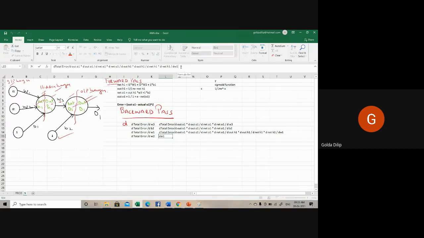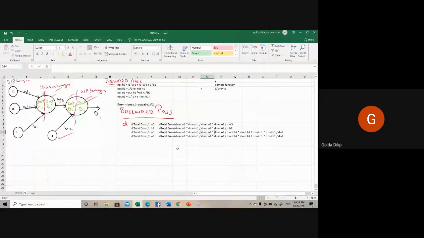Total error with respect to out O1, out O1 with respect to net O1, net O1 with respect to out H1, then out H1 with respect to net H1. Okay, is it correct? Yes. So now what is pending?